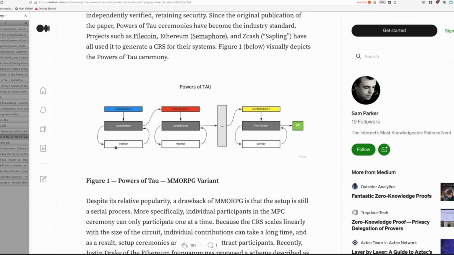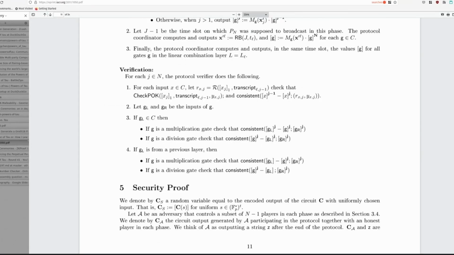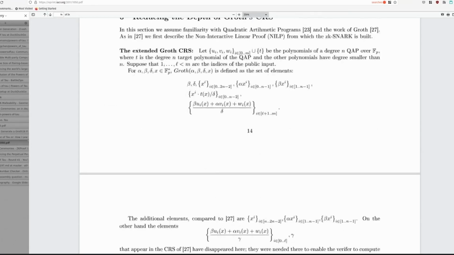The verifier doesn't need to be an actor, it could literally just be some code on the blockchain, as we will see shortly. And then it goes over to contributor 2, et cetera. And each one of these is a round, although I think I'm saying the wrong word there because the original paper called rounds something else. Let me actually find that quickly.